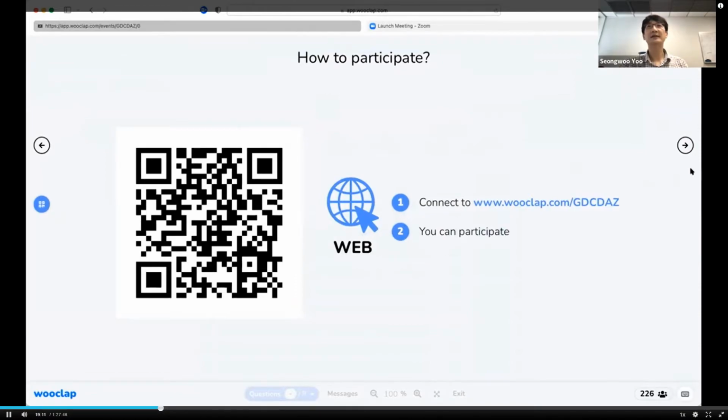Okay. So, please scan this QR code to join this polling. I will start the first question.